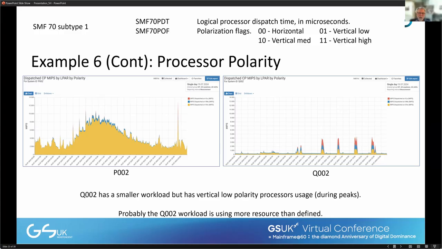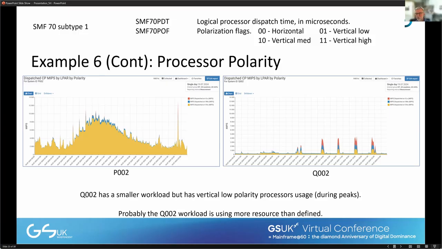Now, vertical low processes to us means potentially that work is running inefficiently. So this is an observation that we have for these two separate LPARs and their workloads right now. And what's interesting here is, okay, can we explain why this is happening for Q002?